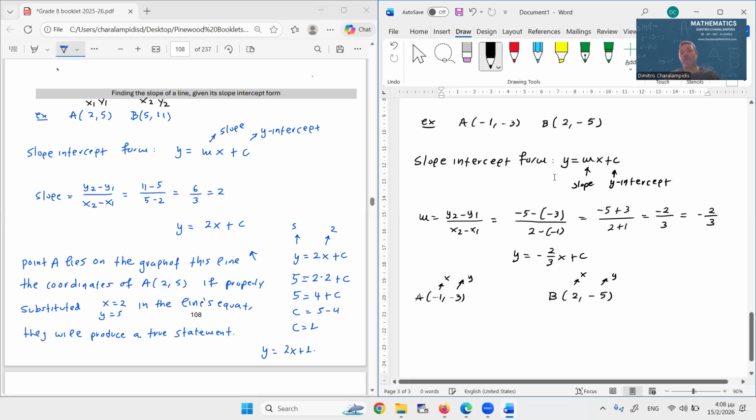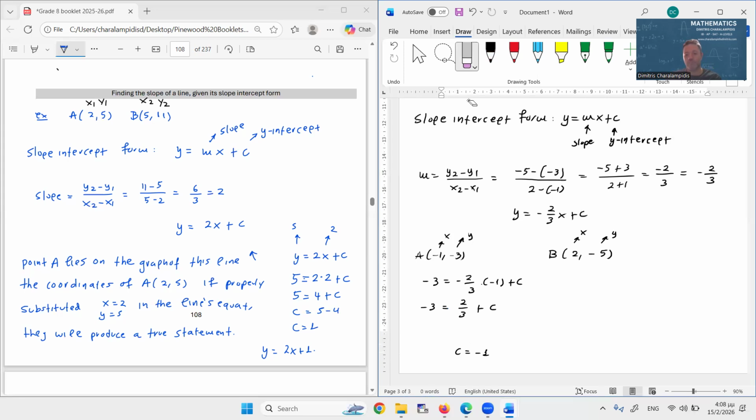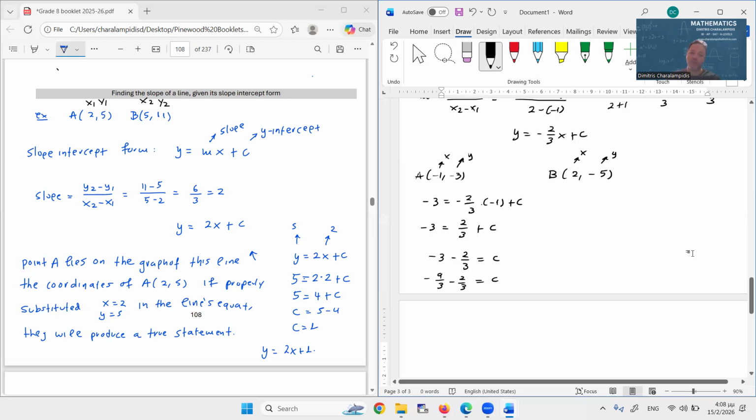If I now use point A, that should become -3 is -2/3 times -1 plus C, 2/3 plus C. So -3 minus 2/3 is C. Minus 9/3 minus 2/3 is C, which means that C should be -11/3.